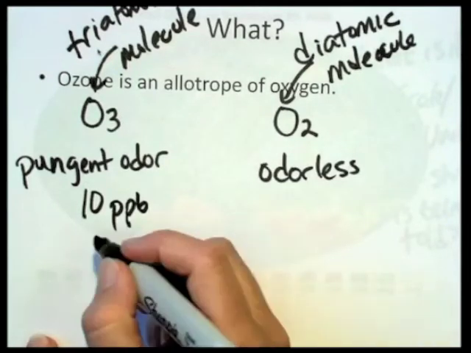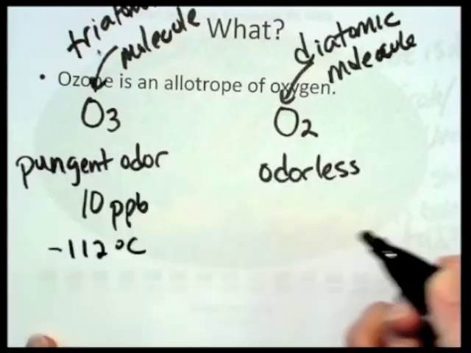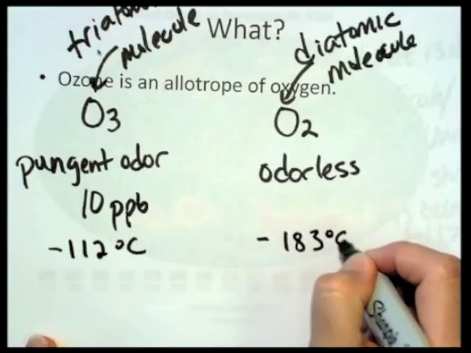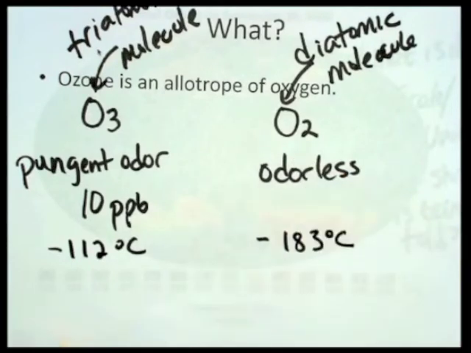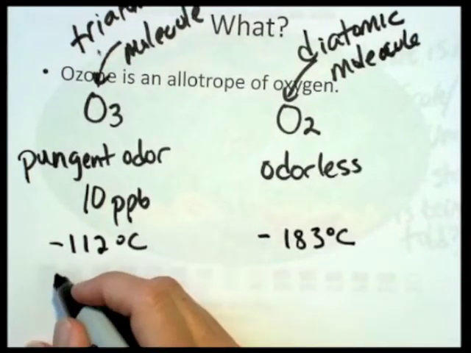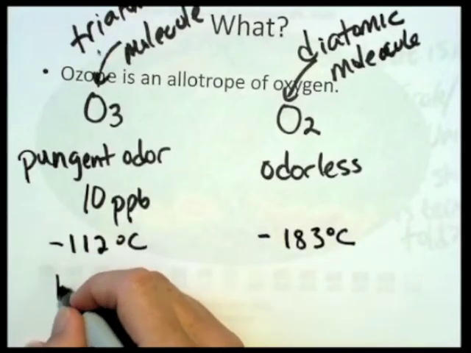Also, ozone liquefies at negative 112 degrees Celsius, whereas oxygen liquefies at negative 183 degrees Celsius. Okay, you have to get oxygen colder to get it into the liquid form than ozone. Also, relatively speaking, ozone is less chemically stable. So these are all physical properties, and chemically, the ozone is less stable.